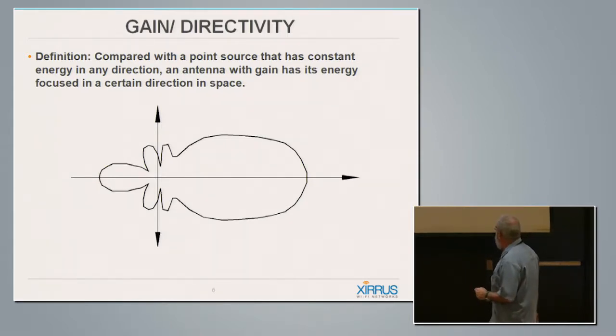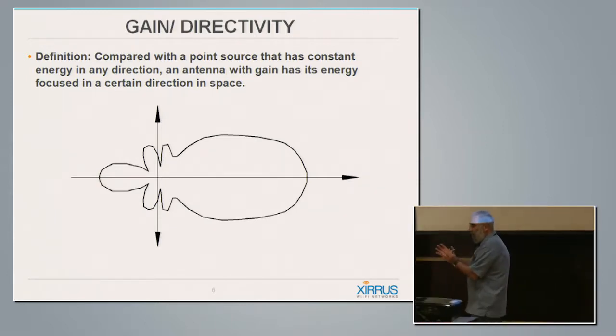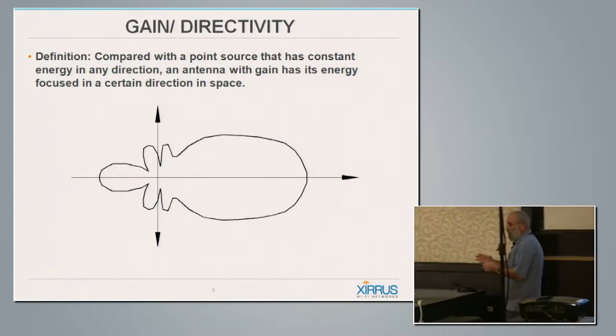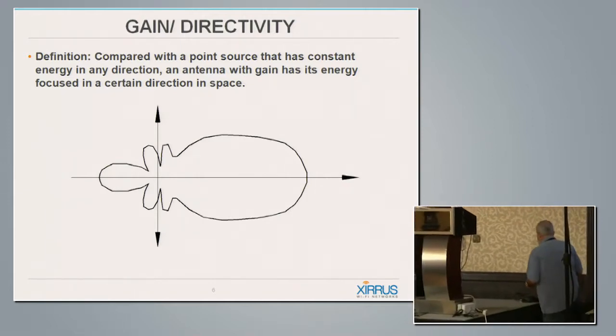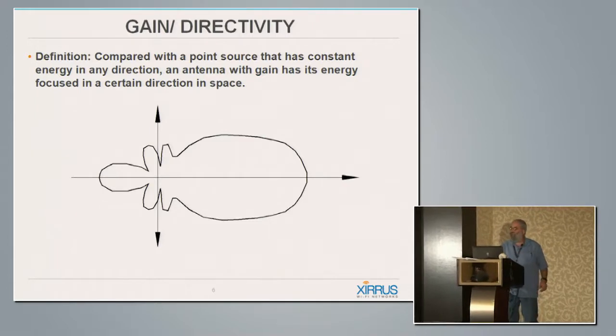But not all the energy is concentrated in the main beam, because we've got other parts of the beam outside the 3 dB point. We have side lobes, we have back lobes. So it's not that we have a single beam, nice and clean, no side lobes, no back lobes. And so in practice, we need to take those into account.